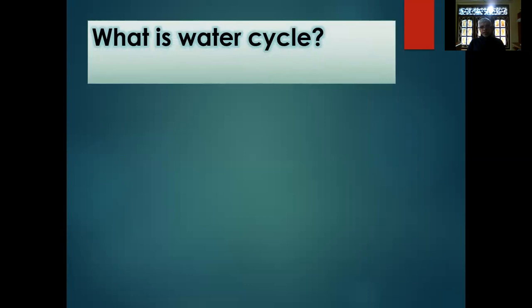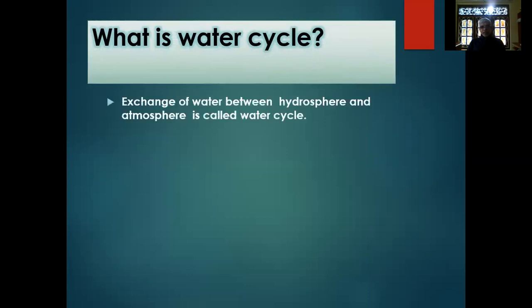What is the water cycle? Exchange of water between hydrosphere and atmosphere. Hydrosphere means ජලගෝලය. Atmosphere කියන්නේ වායුගෝලය. දැන් ඒක ඔයගොල්ලෝ දන්නවා. You are familiar with that one.